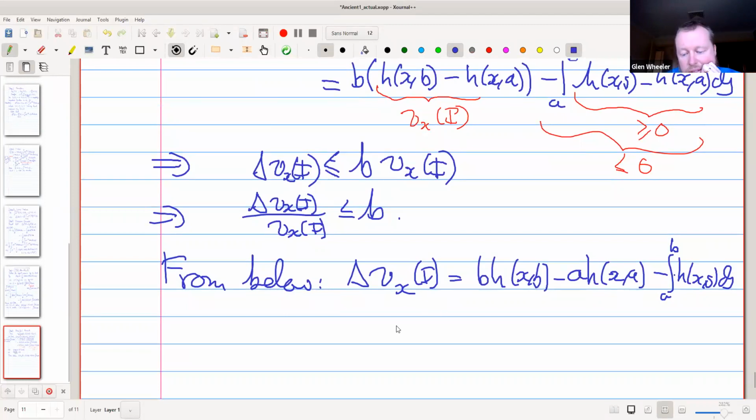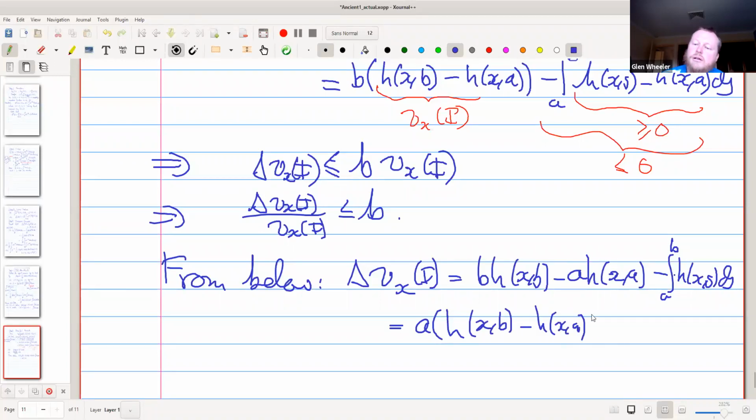And so what that means is that the b terms cancel, and instead we have a times h x b minus h x a, and then we've got minus the integral from a to b of h x s minus h x b ds.